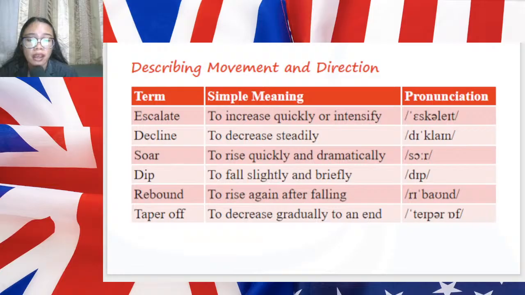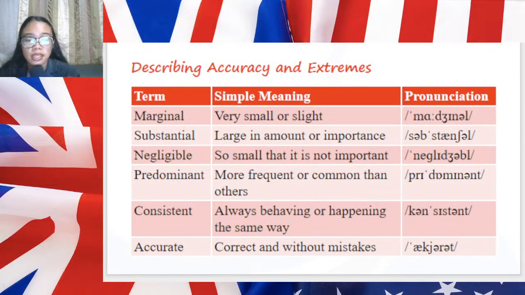And lastly, we have describing accuracy and extremes, under which we get marginal, substantial, negligible, predominant, and accurate. Yes, that is describing accuracy and extremes. Those are the four sets in total, everyone.